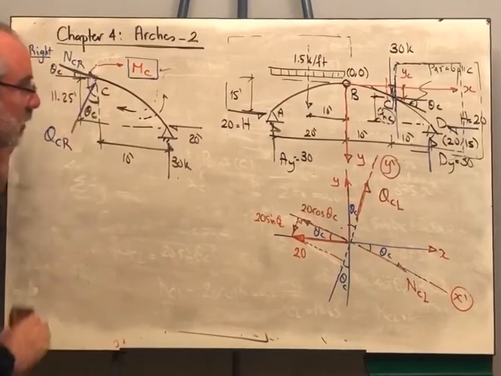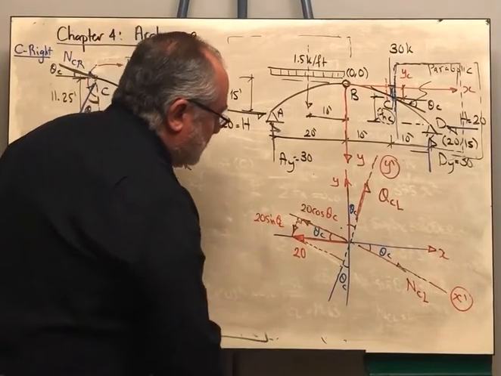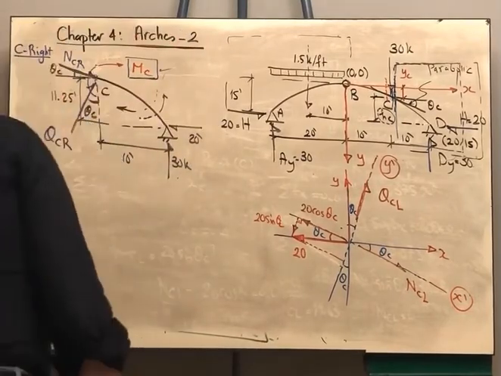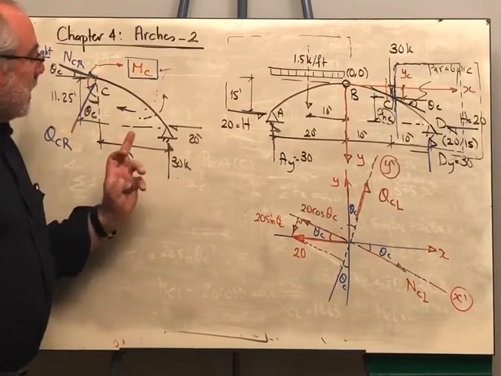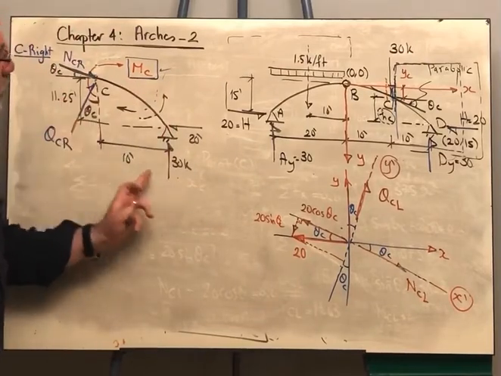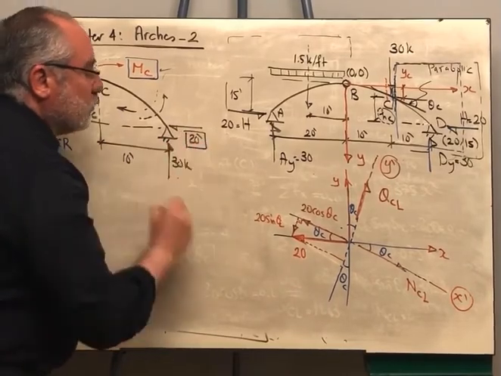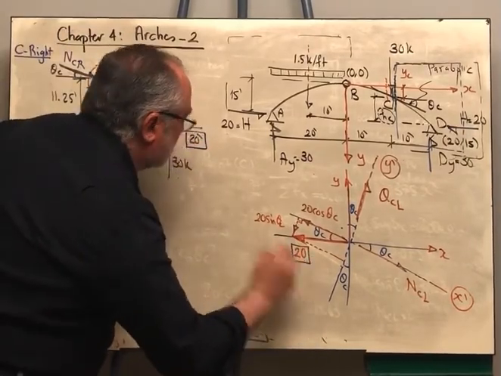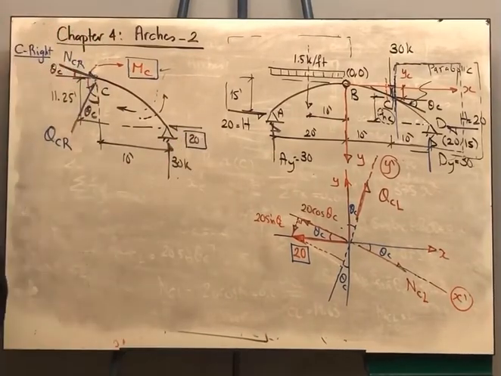Okay, so let's go back to this figure here. In this diagram, what will be the forces that I have? The 20 kips force, here it is. Okay, the 20 kips force is included here.